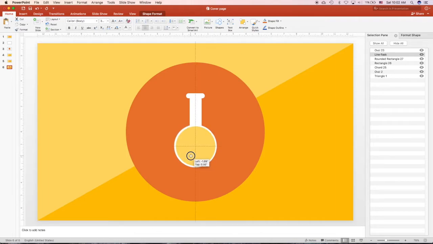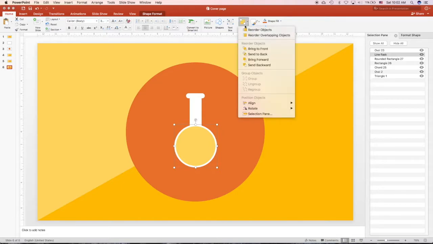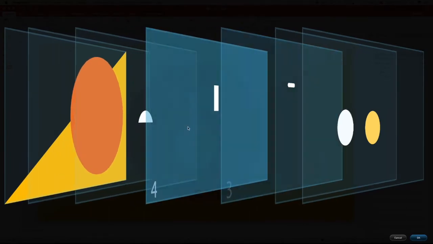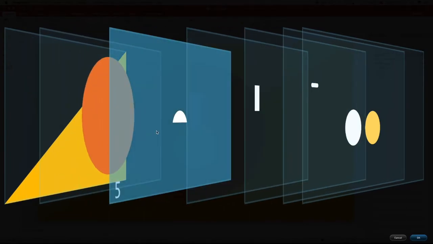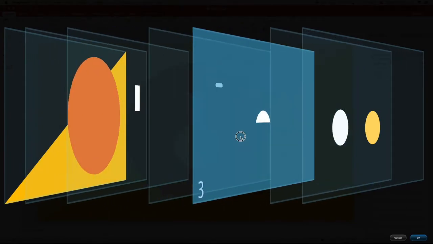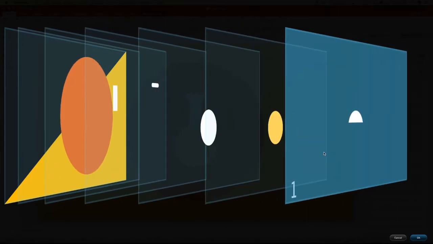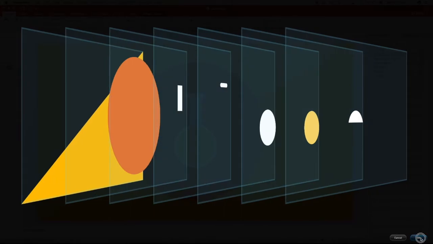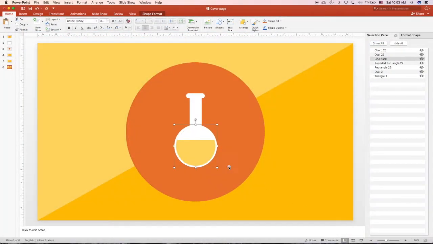I'll rearrange it a little bit. To arrange, you can click reorder objects, and you can move up and down. This top part, headspace, is over the liquid. Click OK. This is the fast way to rearrange the order of all the objects.